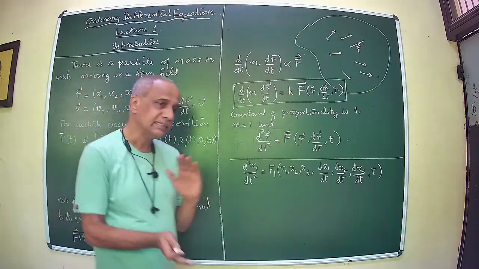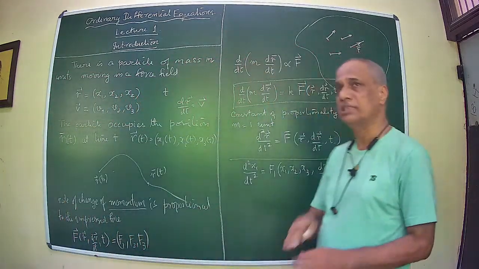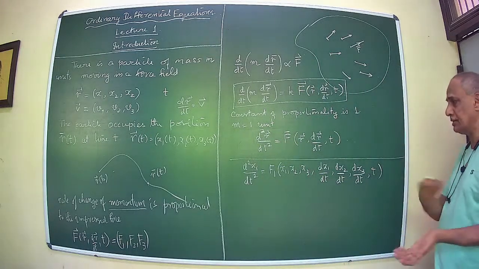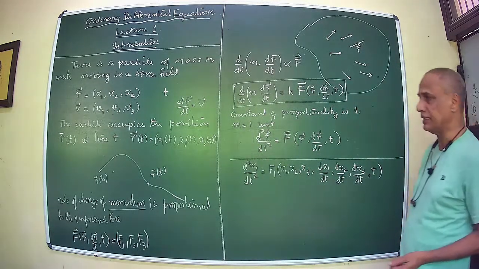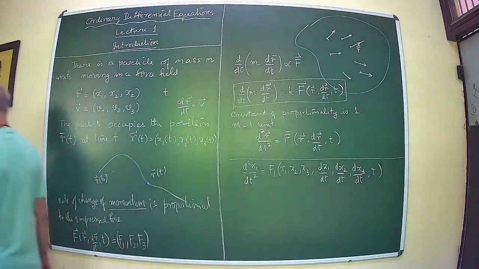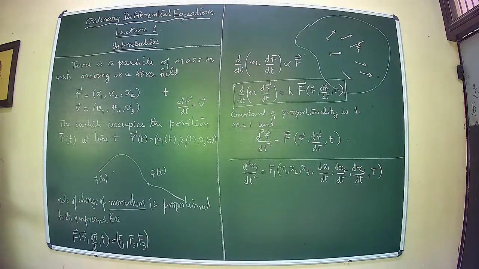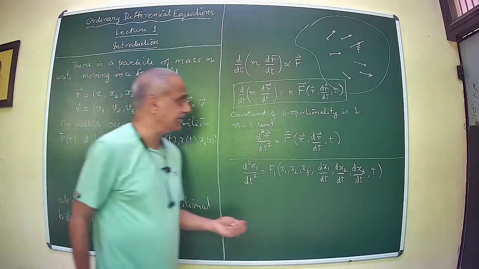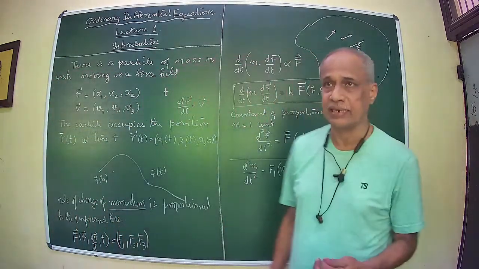In fact, there is a relation between the position of the particle and the velocity of the particle, namely that the components of the velocity are essentially dx1 by dt, dx2 by dt, dx3 by dt.